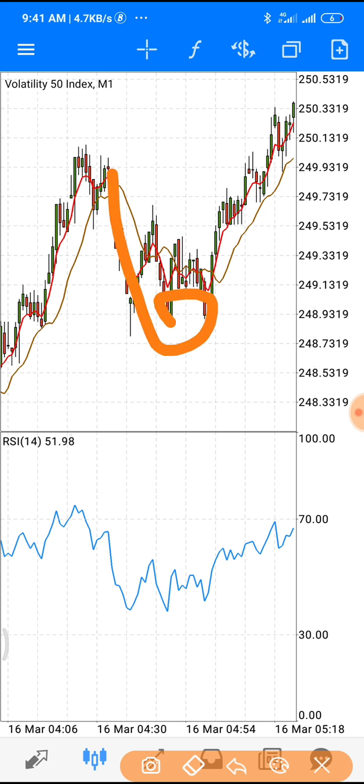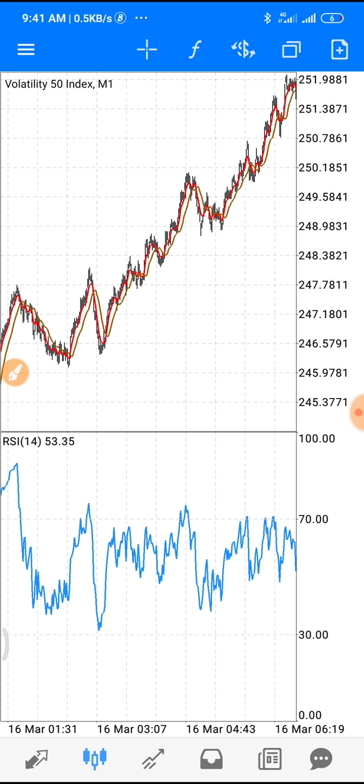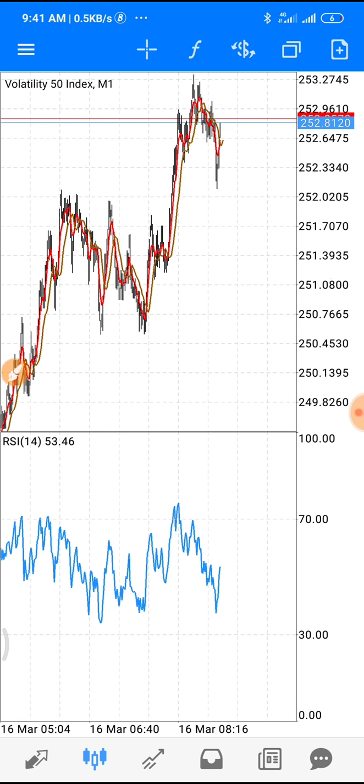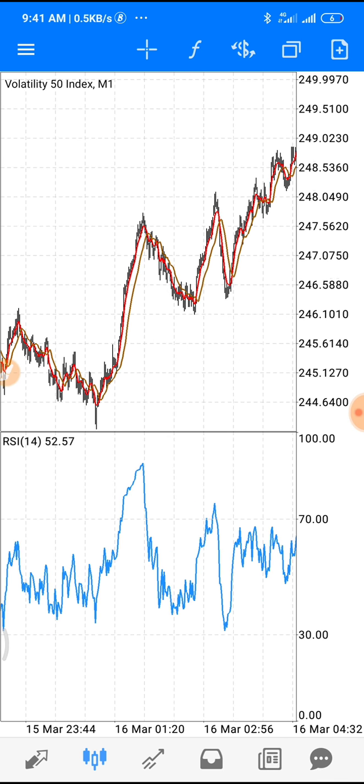Can you see it breaks it down before continuation? So there are two major ways to approach this kind of market. It's either you draw a trend line on your 1 minute time frame.